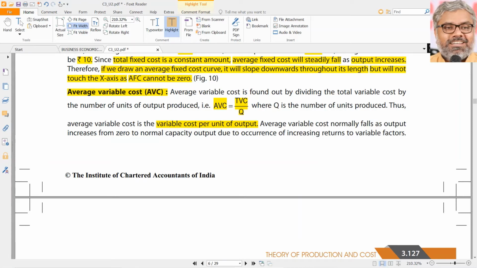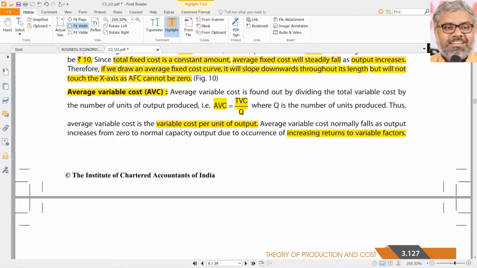That is different from the average fixed cost, because average fixed cost has only one tendency. Always it falls. Always it will be sloping downwards from left to right. There is no change in the average fixed cost tendency at all. But average variable cost is not like that. Normally, the average variable cost falls as the output increases from 0 to normal capacity due to the occurrence of increasing returns to variable factors.